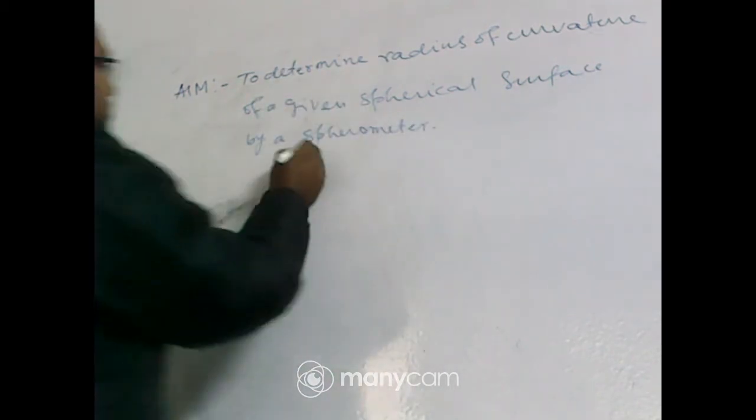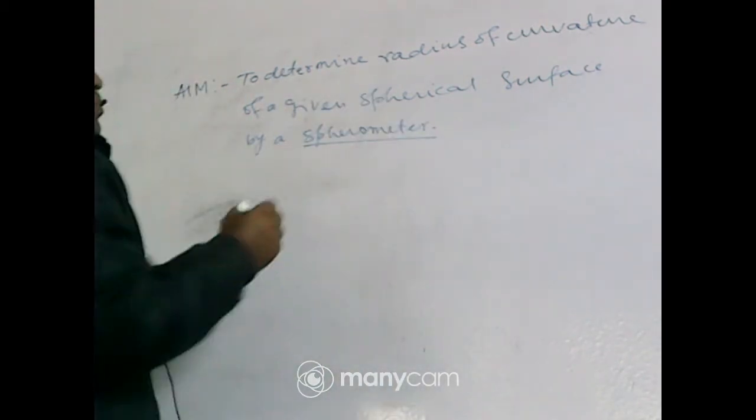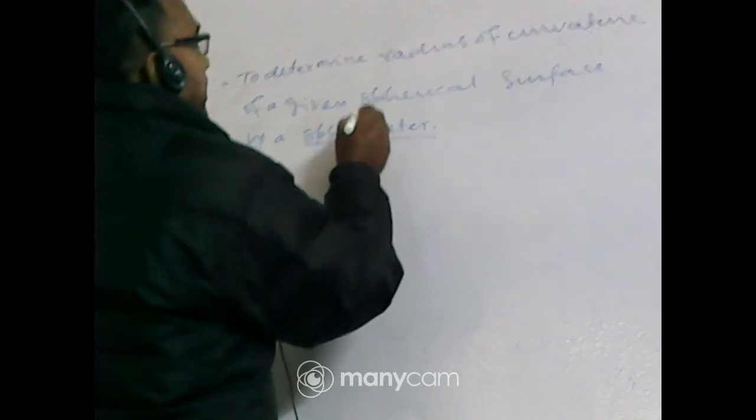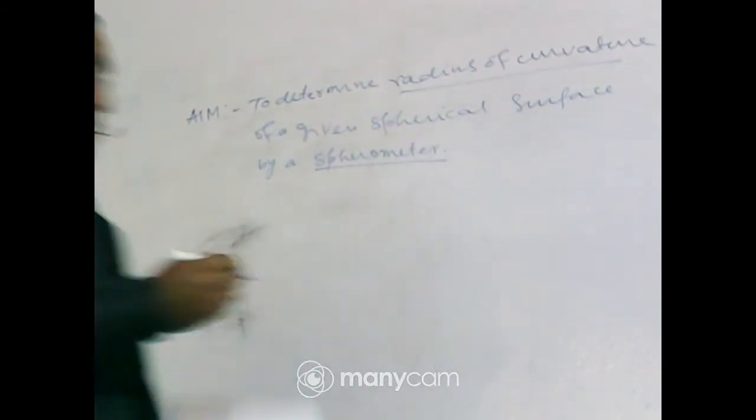So this is the name of the instrument, and you find out the radius of curvature of a spherical surface.